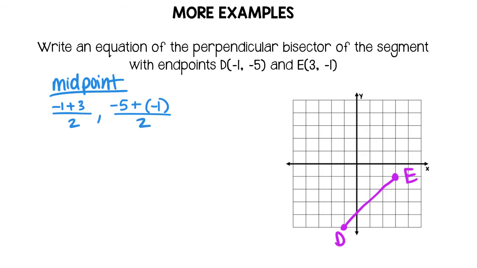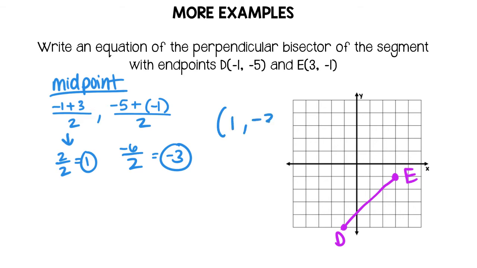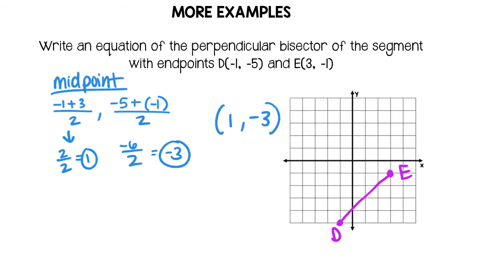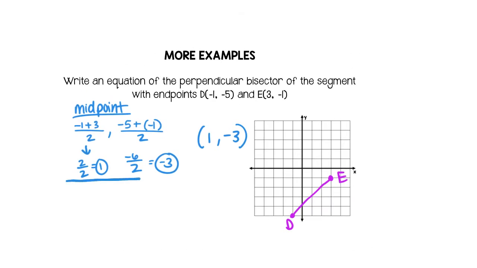And then let's go ahead and simplify those really quick. So this one would become 2/2, which is 1. And then this would become -6/2, which is -3. So our midpoint is +1, -3. All right, that step is all done.